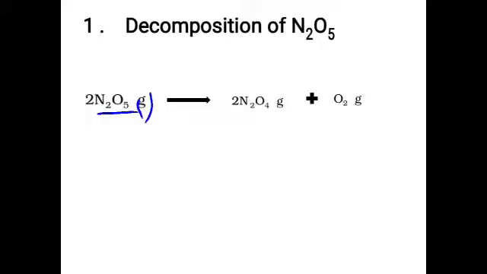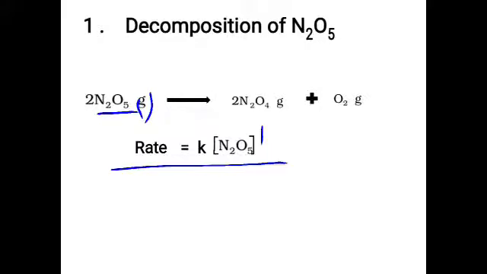So we could write down, by removing the proportionality sign, rate is equal to K into concentration of N2O5 to the power 1. So it was found to be a first order reaction, and this has to be found out through experiment. Just by seeing the equation we cannot determine this.